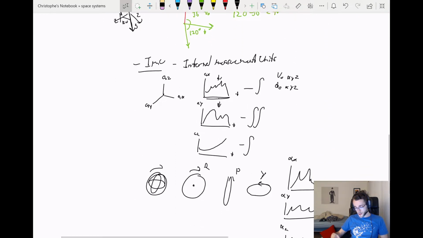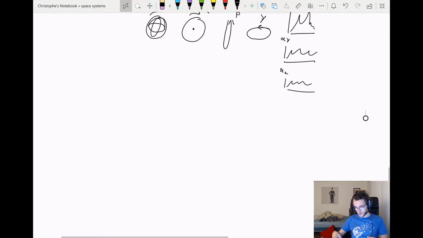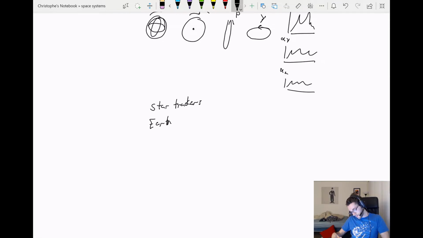The next one we're going to be talking about, I'm going to kind of lump these together, are the star trackers, the Earth sensors, and the solar sensors.